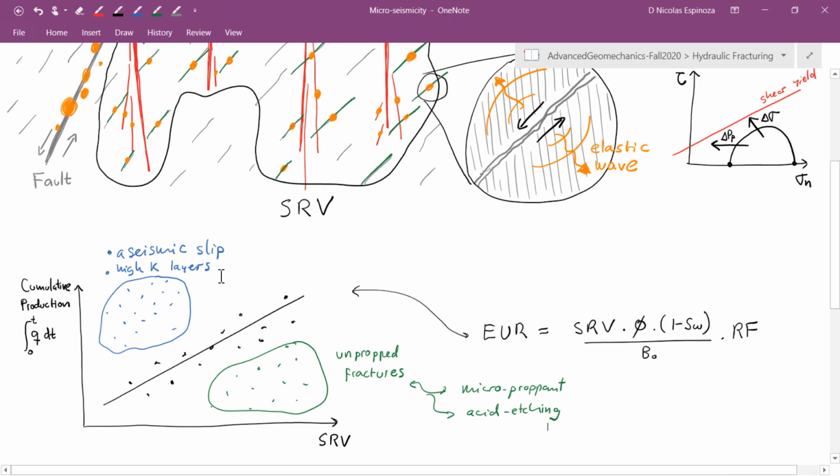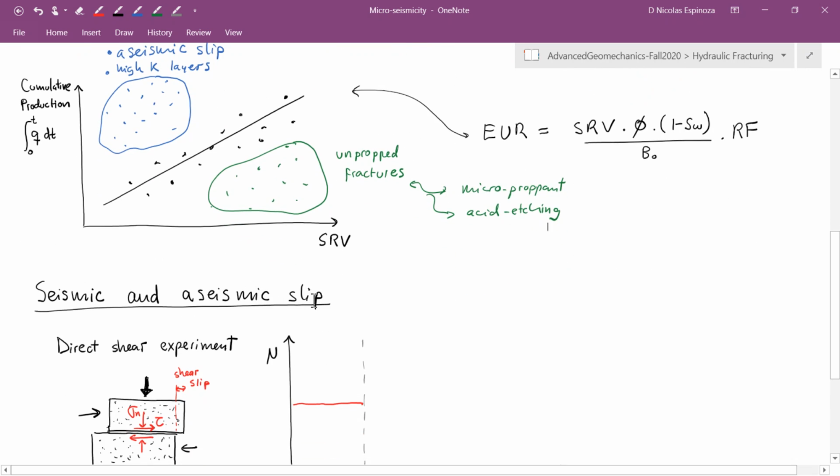And the other explanation is that you could have what is called aseismic slip, which means that you do have fracture reactivation or creation in shear, but that does not emit seismic activity or significant seismic activity. And this is mainly the topic that I wanted to talk about in this short lecture.